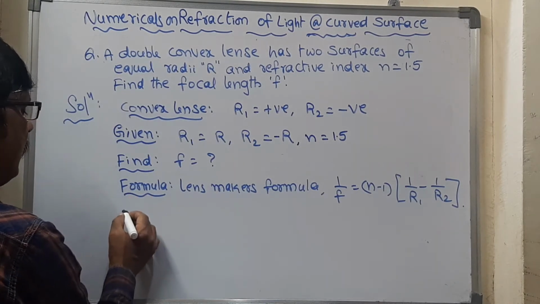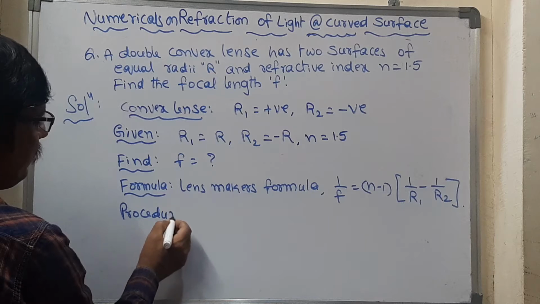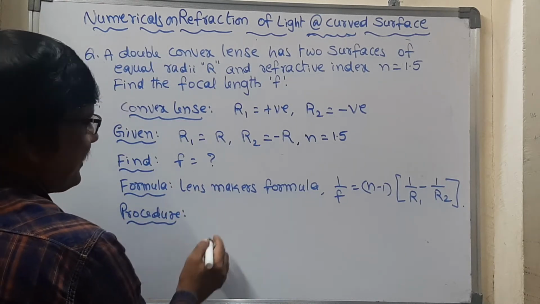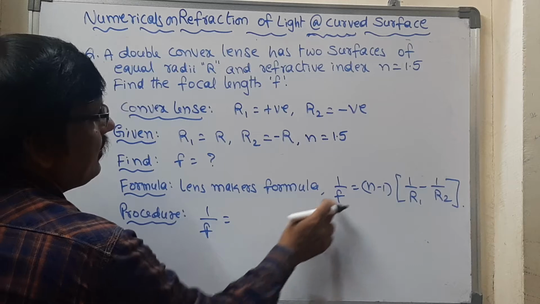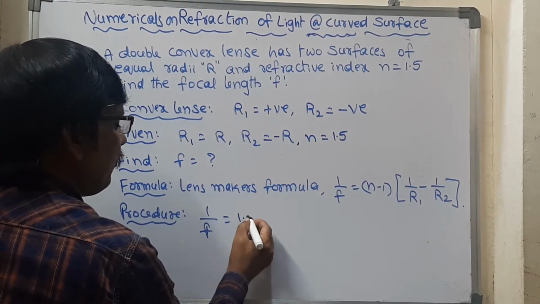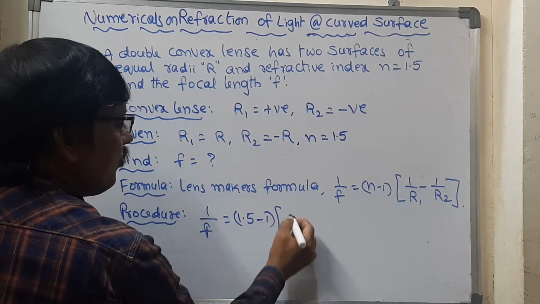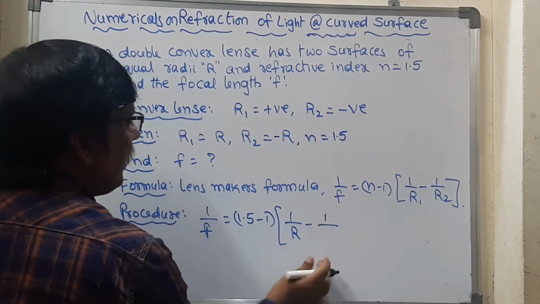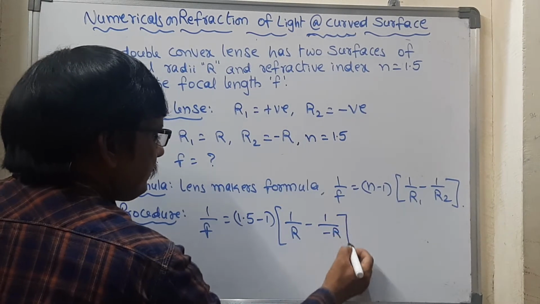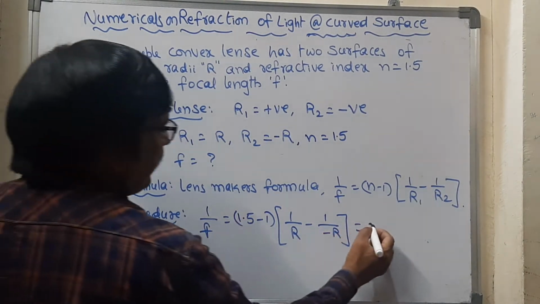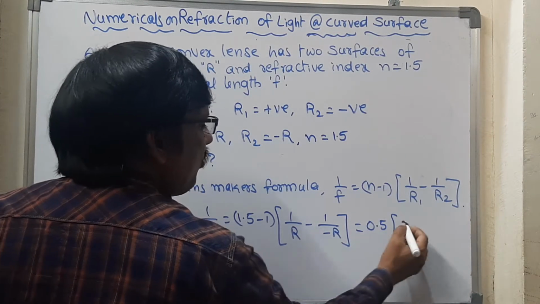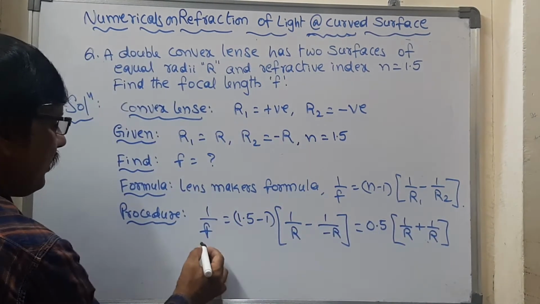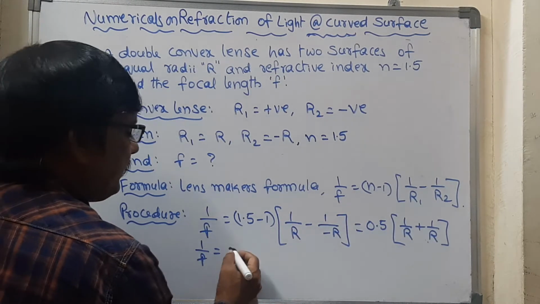Now let us go with the procedure, the numerical process. 1 by f is equal to, write the data: n is 1.5, minus 1, into 1 by R1, which is R, minus 1 by R2, which is minus R. So that is equal to 1.5 minus 1, 0.5, into 1 by R, minus into minus is plus.